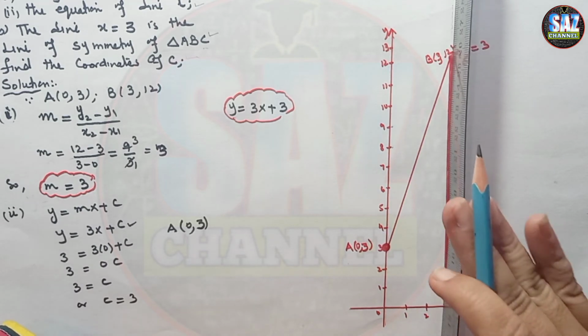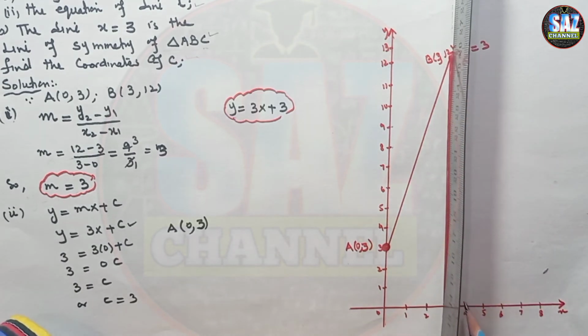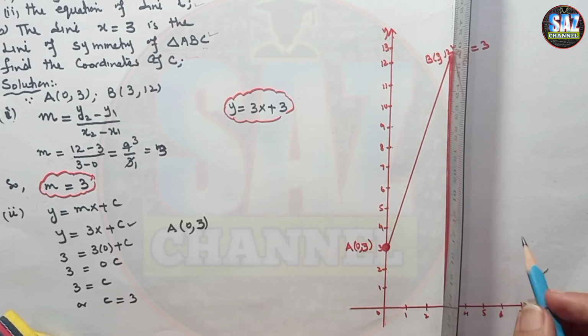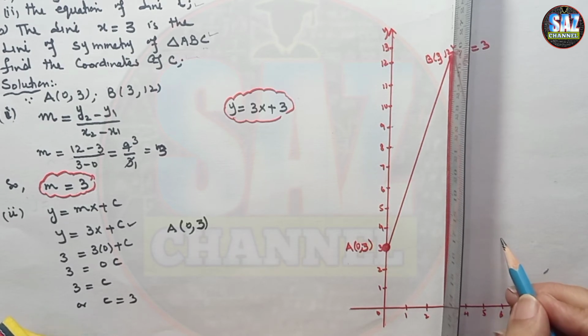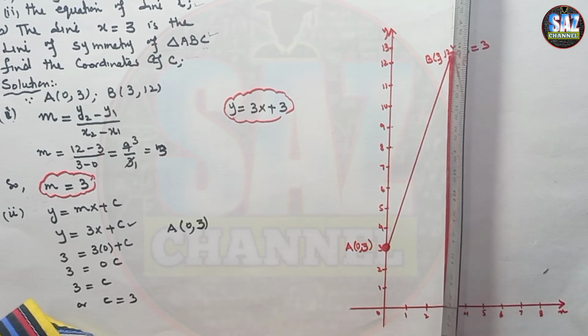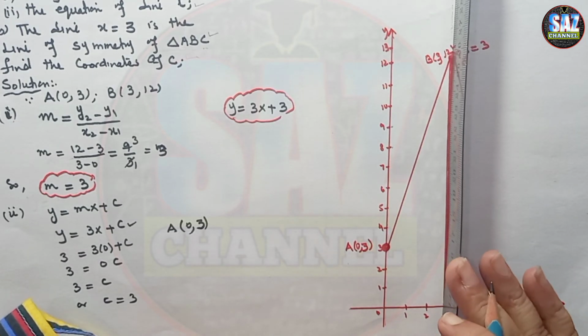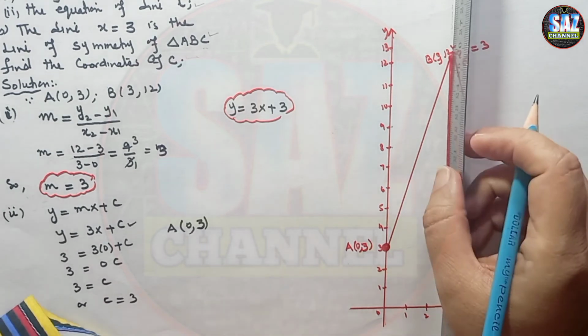So the mirror line, or line of symmetry, is at x equals 3, and 3 units after the line of symmetry will be 1, 2 and 3, which is 6. So the coordinates of C will be (6, 3). Now I hope you are clear how we are finding the coordinates of this point under the line of symmetry, or line of reflection, x equals 3.